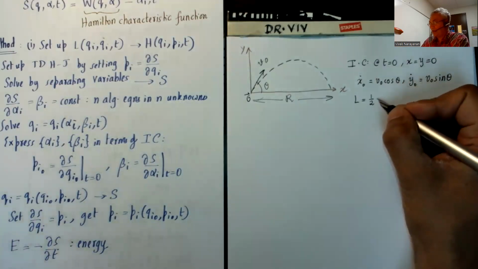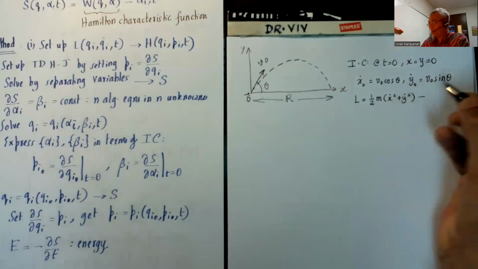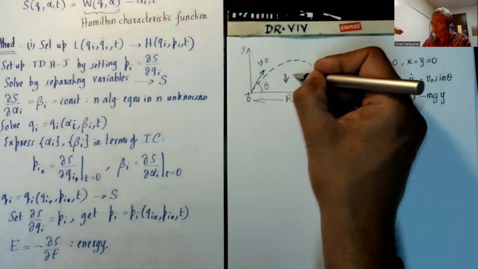The Lagrangian is kinetic minus potential. Potential is just mgy because gravity acts straight down.